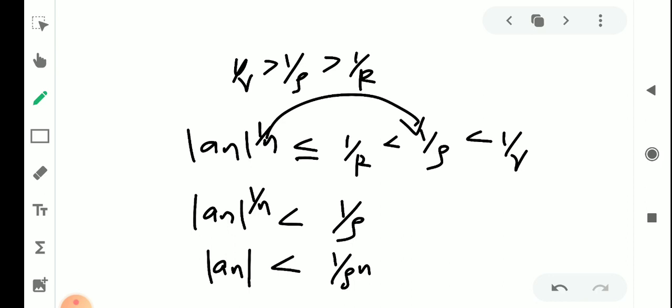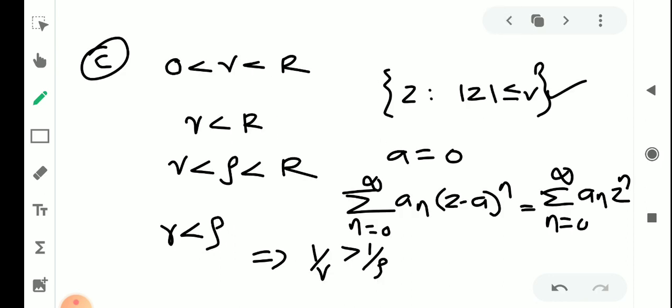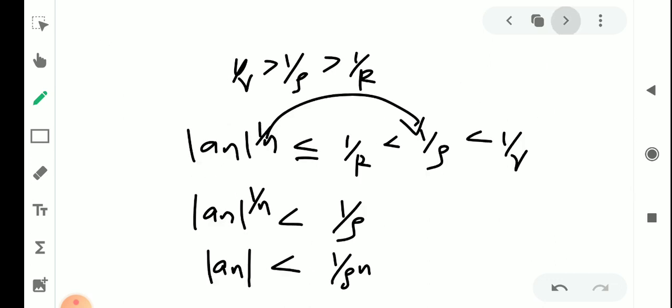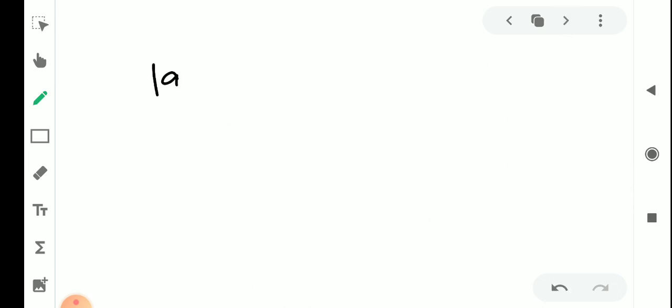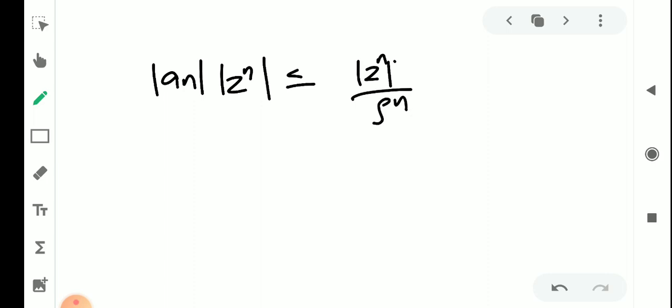Till now we multiplied by mod z minus a all raised to n. Here a is 0, the center is 0, so we multiply by mod z raised to n. So mod an into mod z raised to n is less than or equal to mod z raised to n divided by rho raised to n.